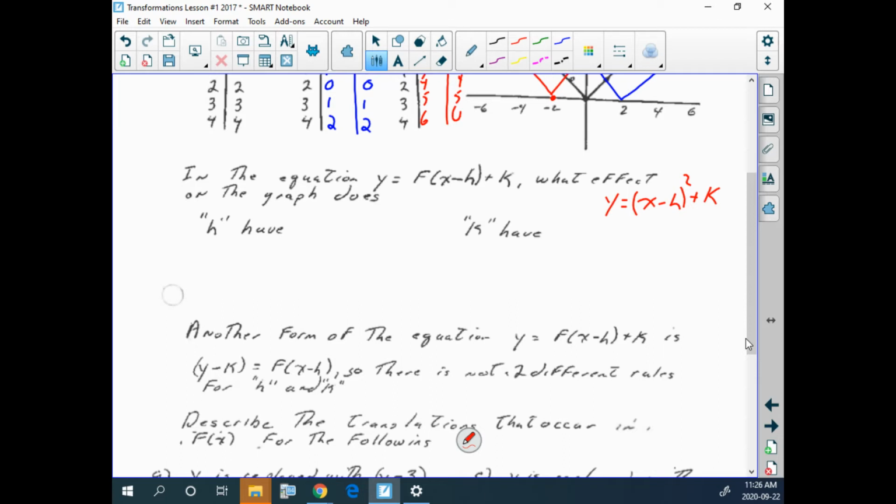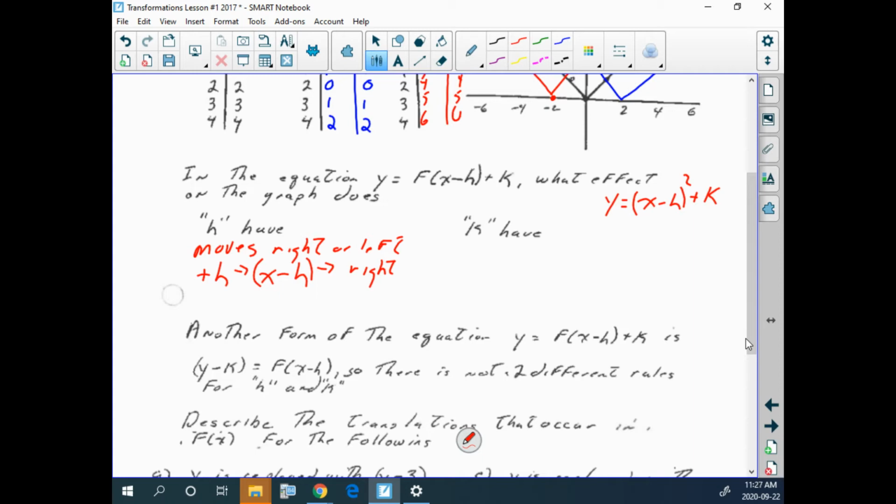Well, h moves it right or left. If it's a positive h, which is going to give you x minus h in the brackets, this moves it to the right, because we need a larger value of x to plug into the rule to get the same output value.